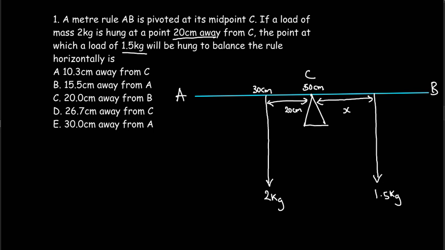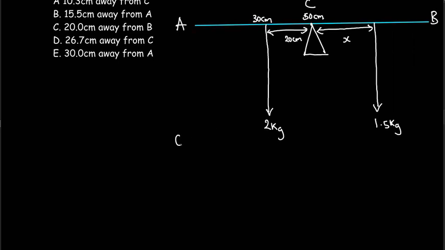Now, from our principle of moments, clockwise moment equals anticlockwise moment for a beam in equilibrium. That's the principle of moments, right? So for this to balance horizontally, the clockwise moment has to equal the anticlockwise moment.